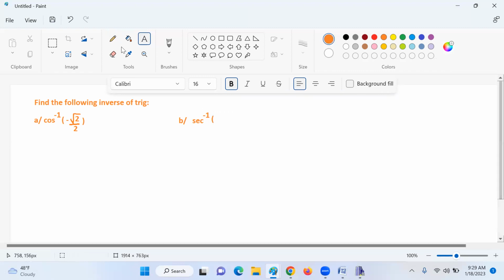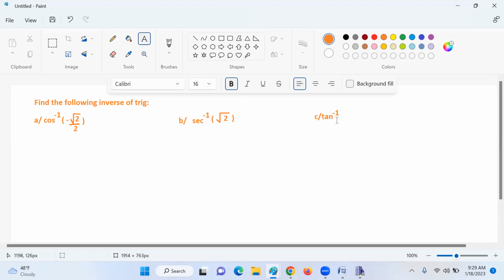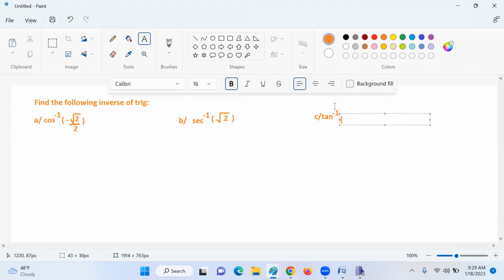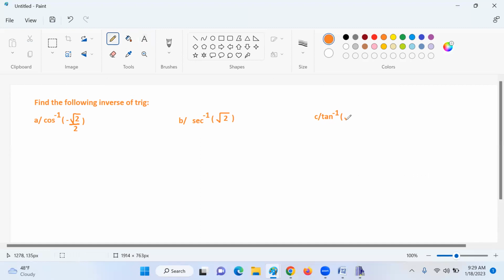So this one is radical 2. Then I need to find the inverse tangent of -1. Remember, the -1 on top means we need to find the inverse of that, so we need to be careful with this. It's not like 1 over the tangent, something like this. So that would be radical 3 minus radical 3.